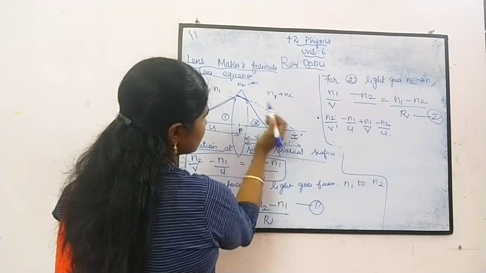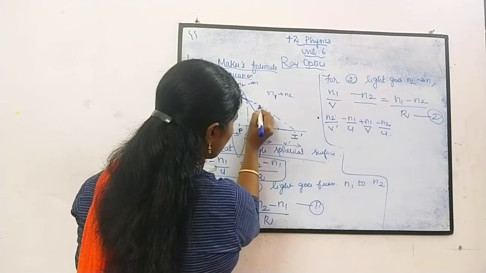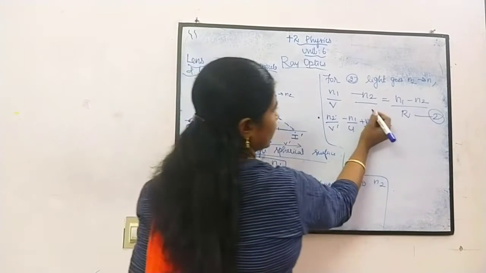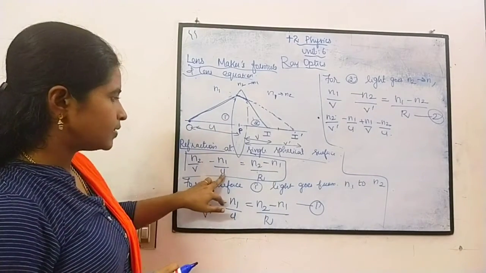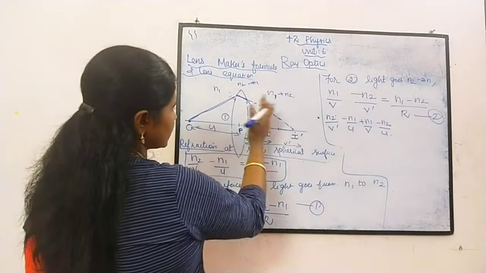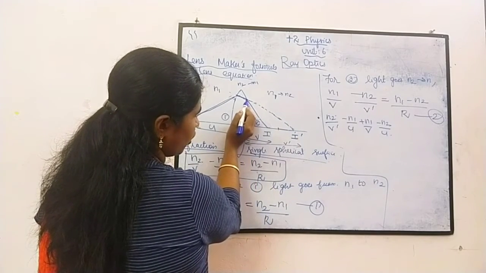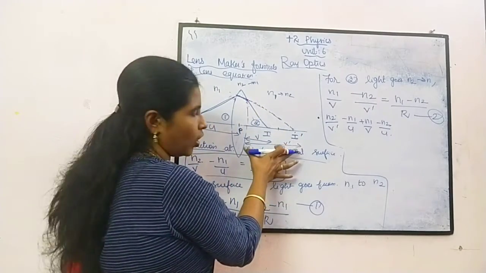If we extend and measure the distance, the object distance is v dash.